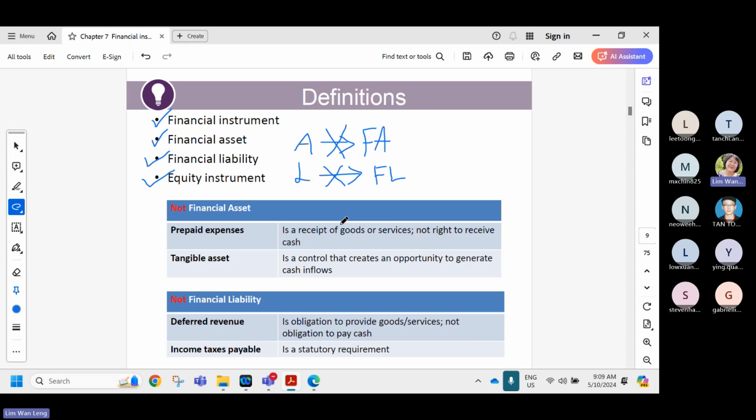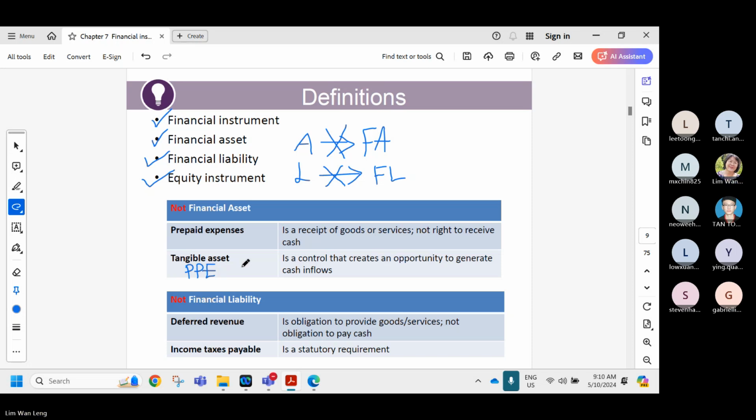Okay, you can have a look at this table below. Prepaid expenses are something we will see quite often in our SOFP. We will also see tangible assets quite often, let's say your PPE, like your building and equipment. Do these tangible assets give you any contractual right to receive cash?